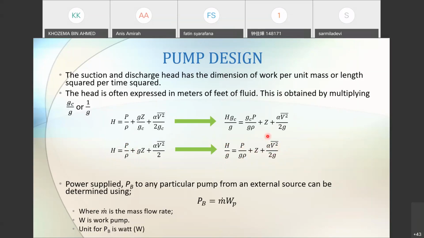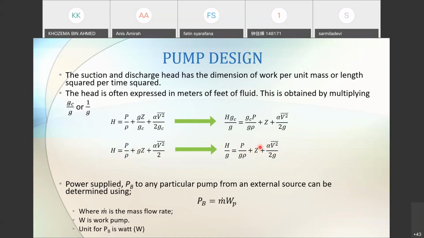Now the easiest way to check if the unit of H over G is meter or not is to look at the unit of Z here. Z is the vertical distance, and after GZ is divided by G, you can just cancel off G, so you'll get only Z, and the unit of Z is meter.